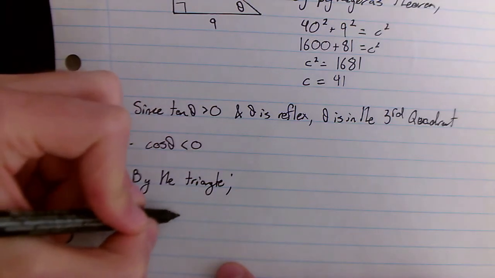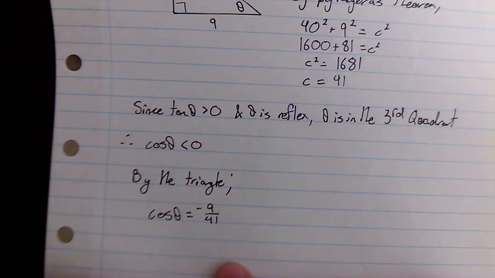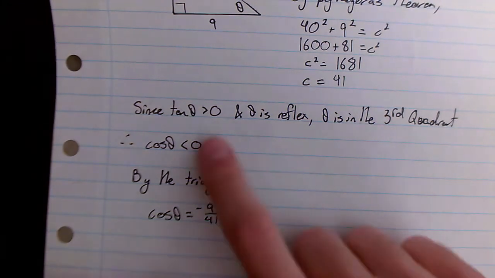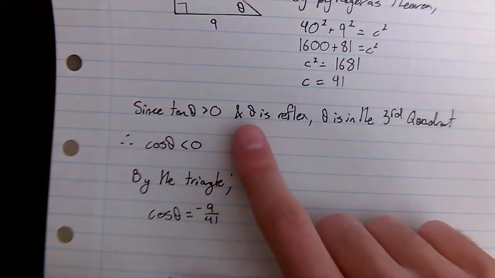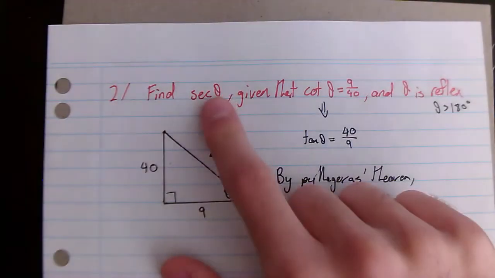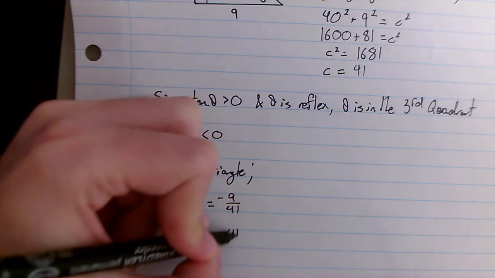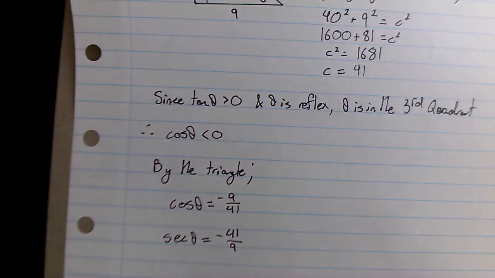So cos theta is 9 over 41, but it's going to be negative 9 over 41 because of what we said up here and here. Then we need to find sec theta, which is the reciprocal of cos. So sec theta is 41 over 9, negative 41 over 9.